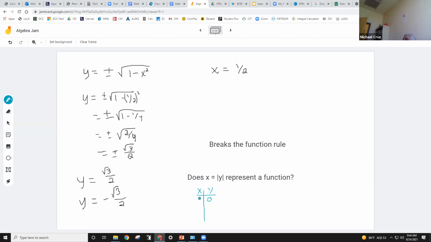Then that would give us 0 for x. Let's just say we put in 1 for y. What would that give us for x? We can even write it up here if we need to. So absolute value of 1 is equal to 1.